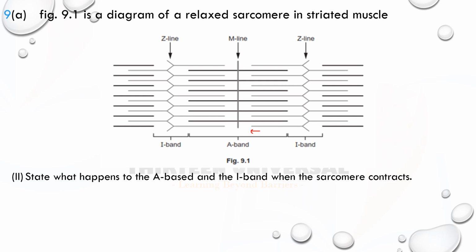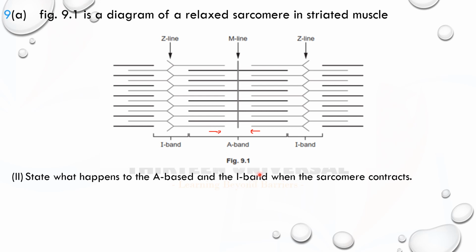So what happens to the A band? This is A band. A band is from here to here. So this is not moving. So what is moving is this. So A band remains the same. It's only this one that's been pulled this way.